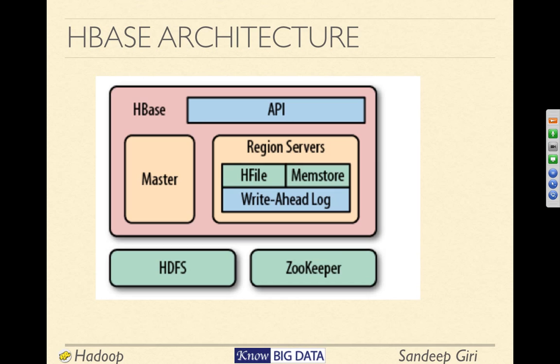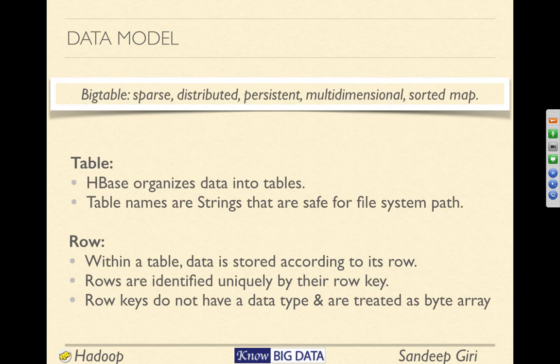HBase master, as you must have guessed, is for storing the metadata, while the region servers store the actual tables of the data. All right. Now, HBase provides you the API. This API makes the call to HBase master and the region servers to get the result. All right. So this is the general diagram.